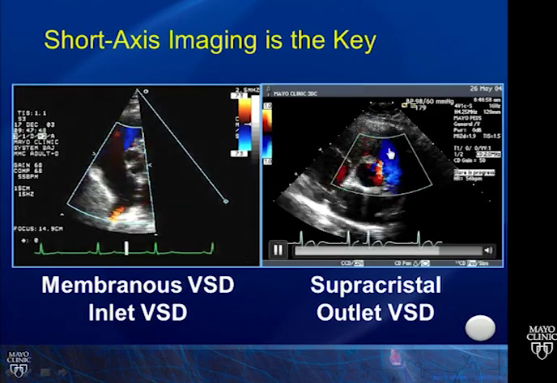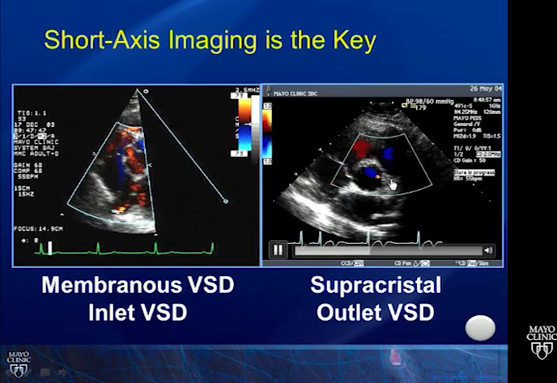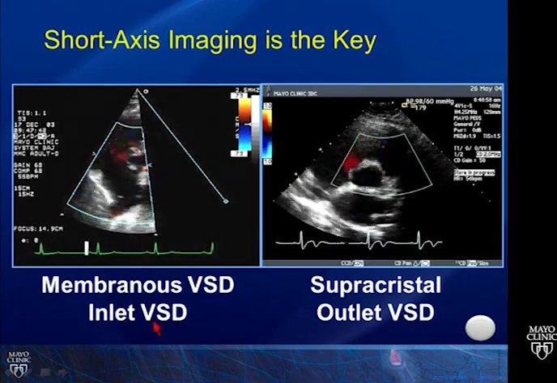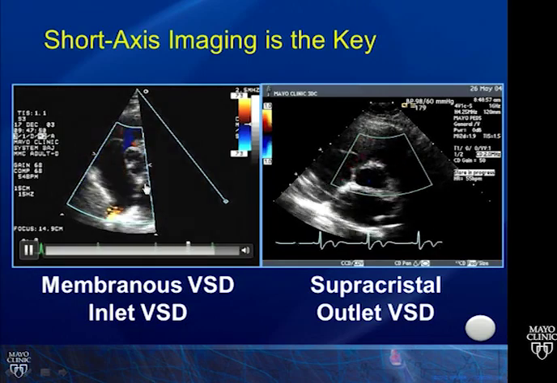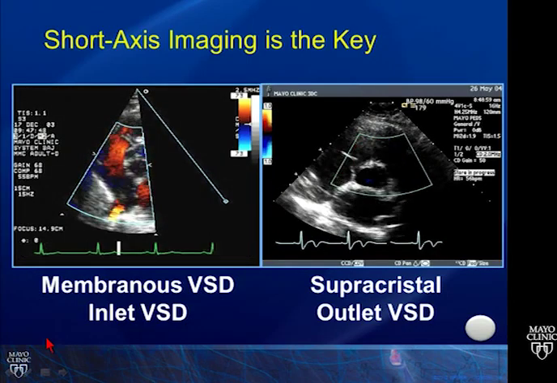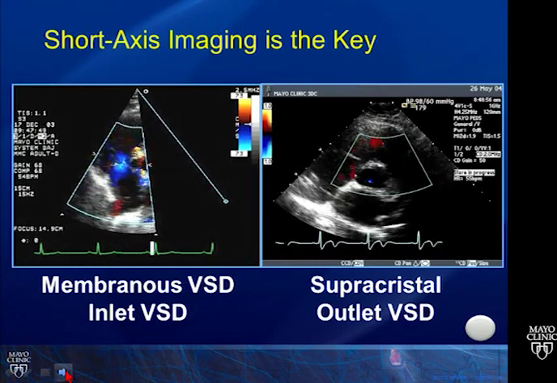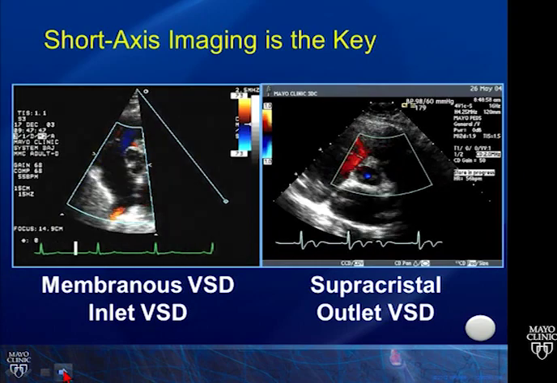So if you're on the pulmonary valve side of the aortic valve, just under the pulmonary valve, that's supracrystal or outlet ventricular septal defect. And if you're on the tricuspid valve side, it's a membranous septal defect. And now you know how the mystery of the congenital specialist figures these out.